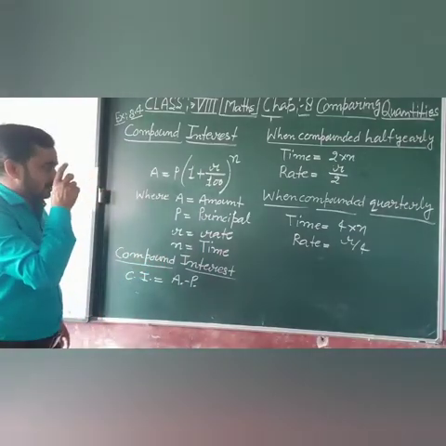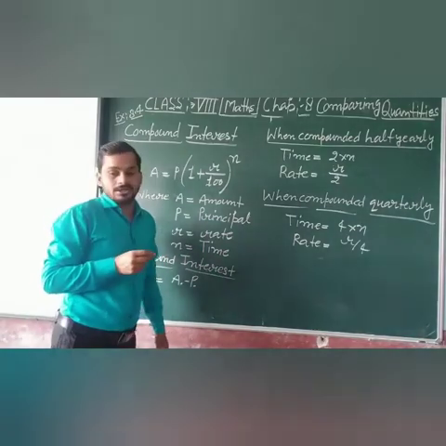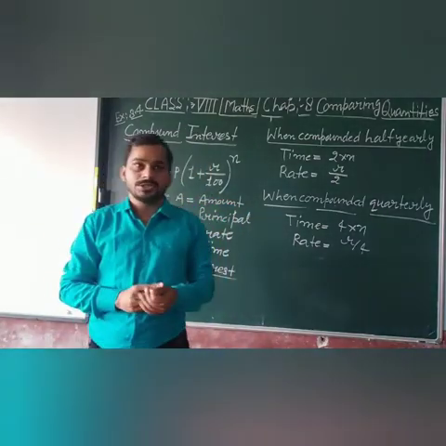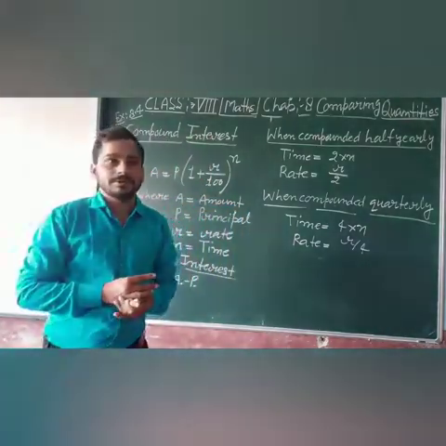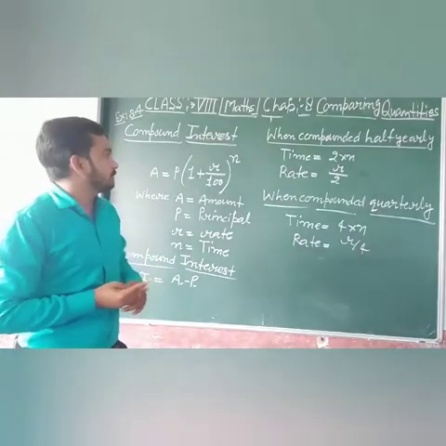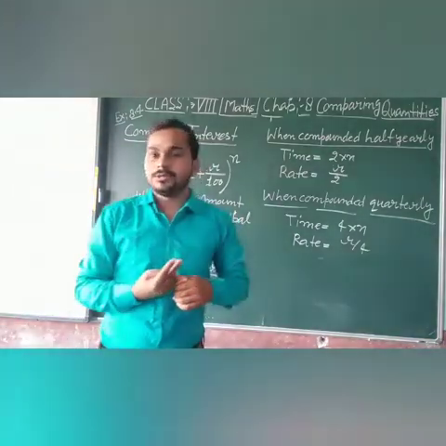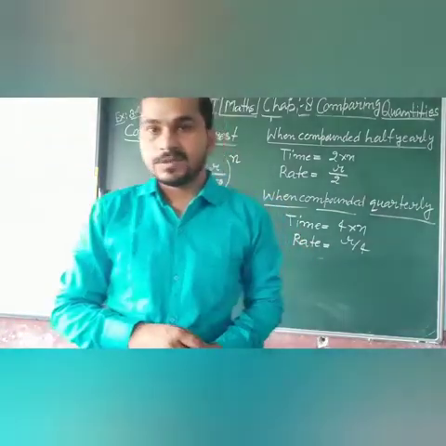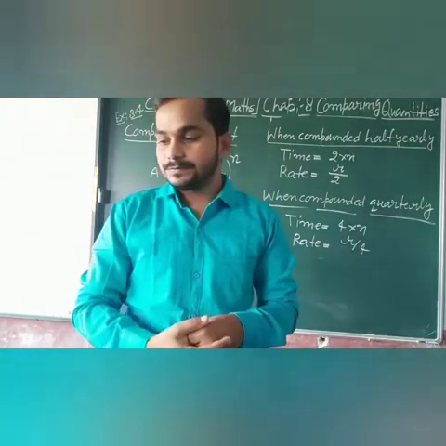So apply these concepts in the next exercise 8.4, where we have discussed problems based on compound interest compounded annually, half-yearly, and quarterly. So now we have to discuss exercise 8.4.